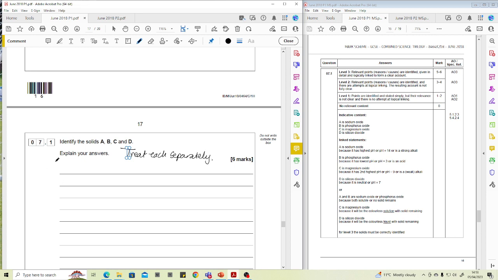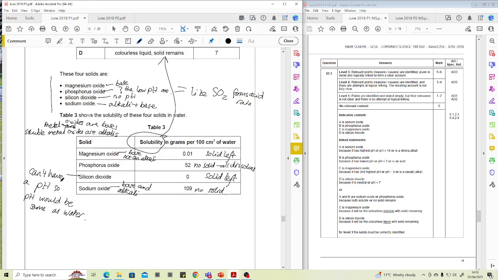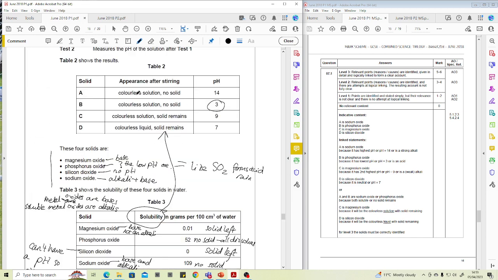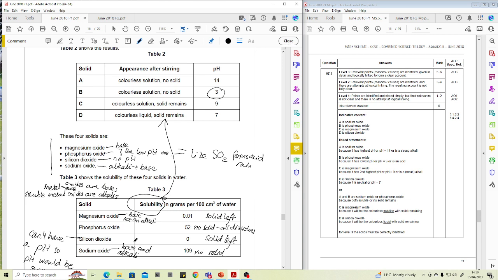Okay, so there might be a bit of moving the paper up and down here so that we can just get this sorted. So if we've got, let's have a look. A is colourless, no solid, and it's pH 14. So we are expecting it to be alkaline, and that must mean it's sodium oxide.